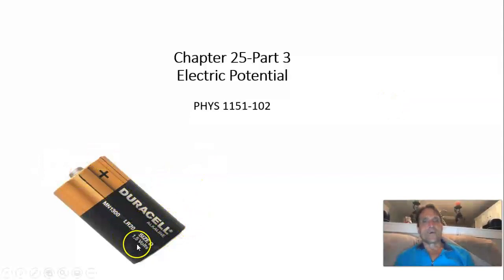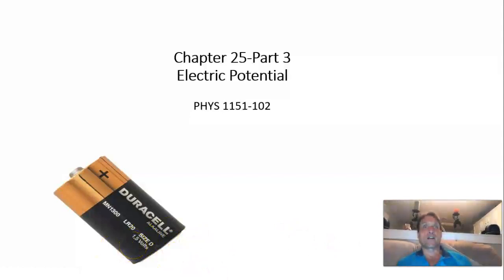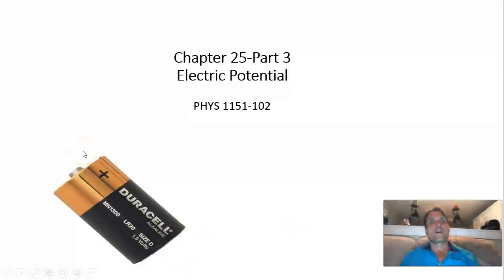So what does 1.5 volts mean, or when you put a 9-volt battery in your smoke detector, what does 9 volts mean? Well, it means that between the two terminals, the plus terminal and the minus terminal, the potential difference delta V is 1.5 volts.